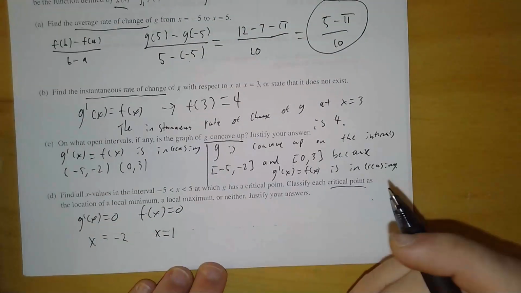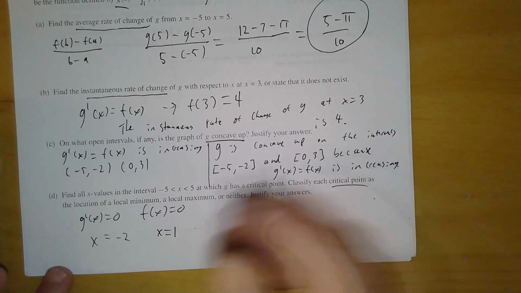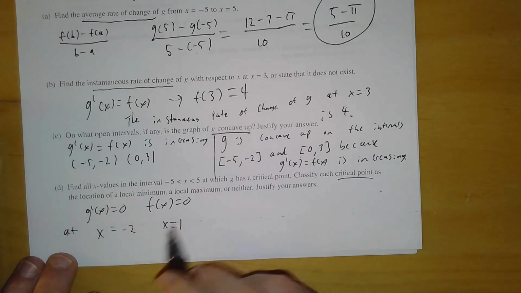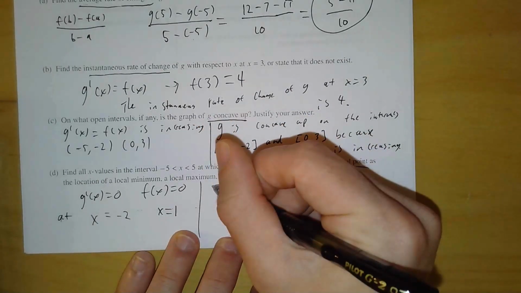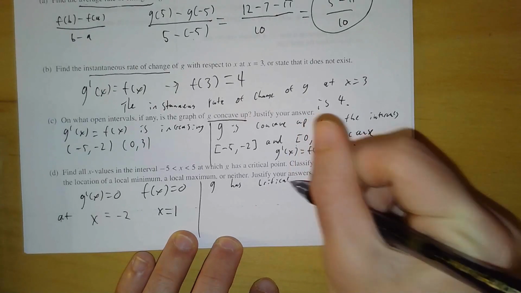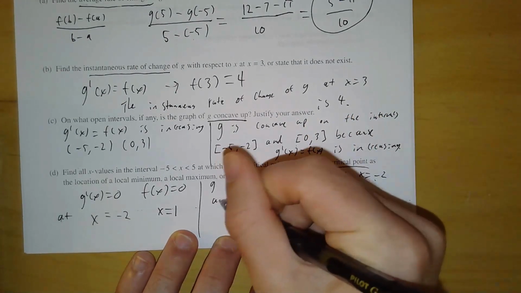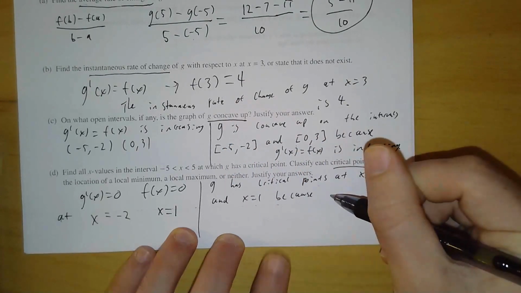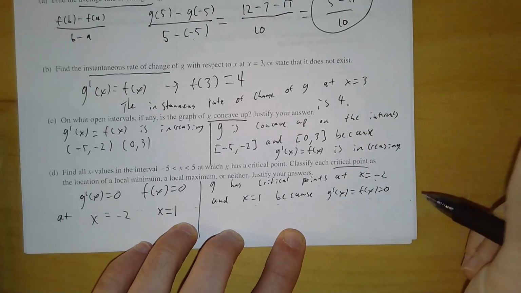So I could say this happens at these points. And then over here, I'm going to say g has critical points at x equals -2 and x equals 1 because g prime of x, f of x, equals 0.